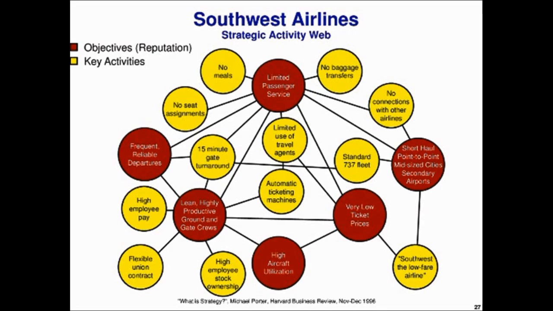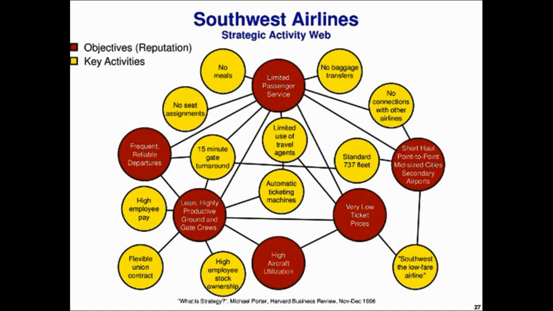And this limited passenger service, frequent reliable departure, lean, highly productive ground and gate crews, and so on, all the red bubbles, are in fact the reputation that Southwest Airlines has. Very interestingly, this is 20 years old and still hasn't been duplicated by any other airline. And they've been very effective with it.